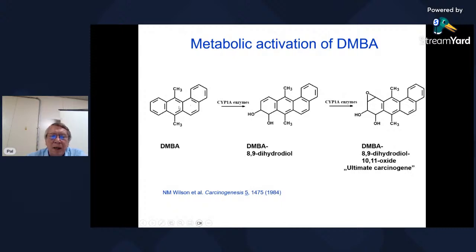Dimethylbenzanthracene is a polycyclic aromatic hydrocarbon, which is not genotoxic per se. However, it's activated by the cytochrome P450 1A enzymes, which oxidize the ring A, forming the 8,9 dihydrodiol as a primary product, and the epoxy derivatives of the 8,9 dihydrodiol as an ultimate carcinogen.